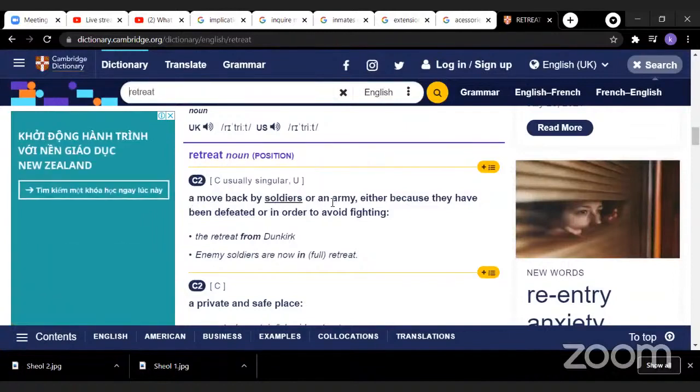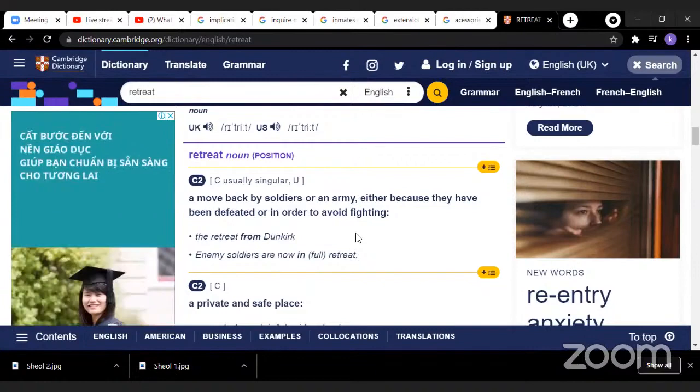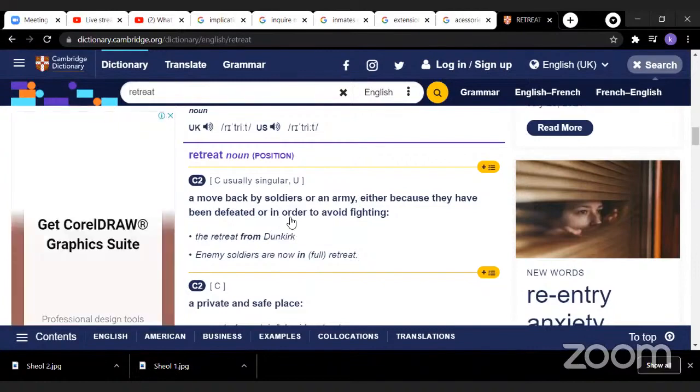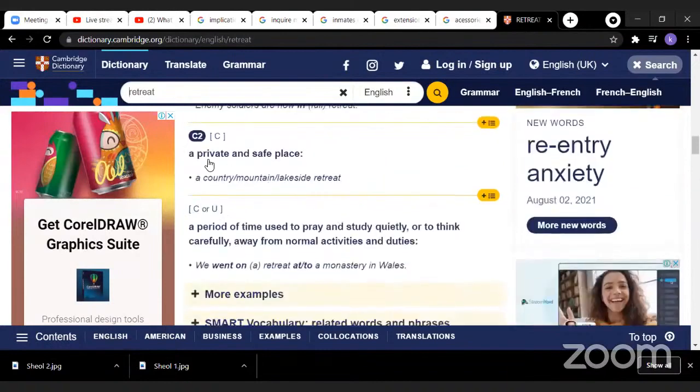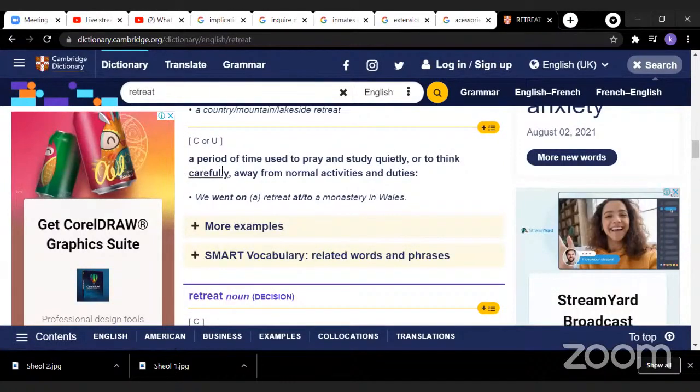A move back by soldiers or an army because they have been defeated or in order to avoid fighting. Okay, the next definition for retreat, a period of time used to pray and study quietly. Okay. Or to think carefully, away from formal activities and duties.